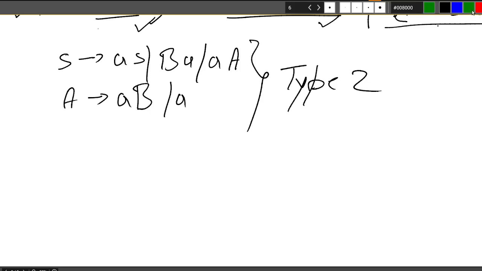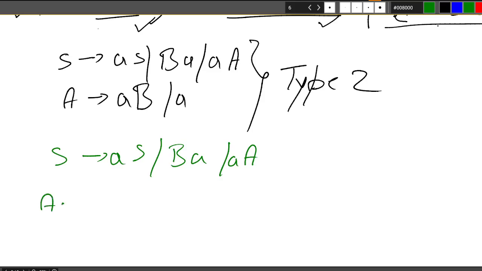Okay, now one more example. Let me take it. S gives AS, BA, and AA, and your AA gives AB or A. This is a grammar.